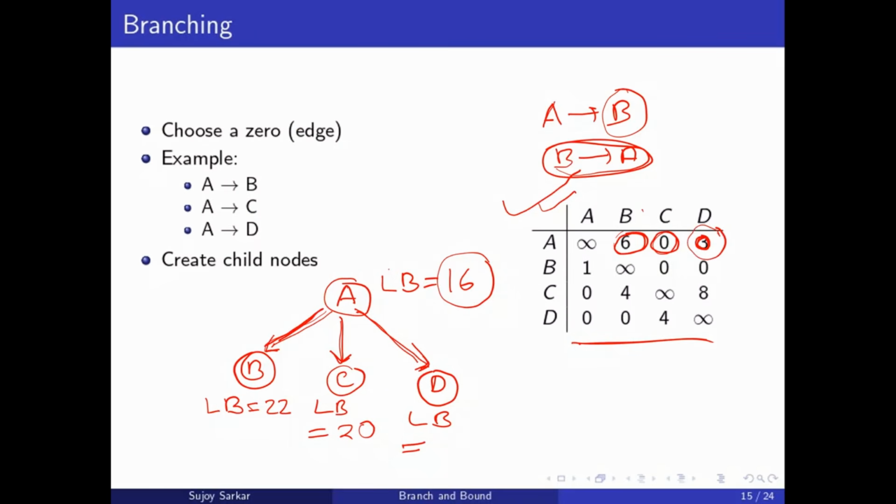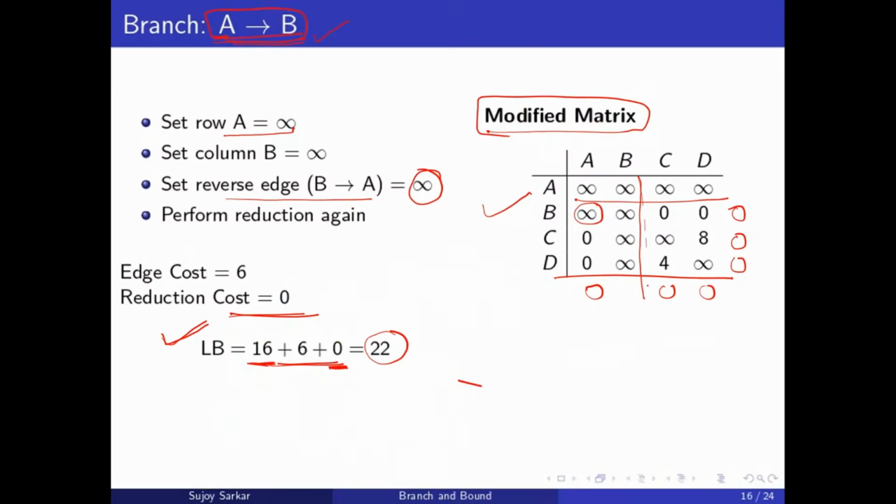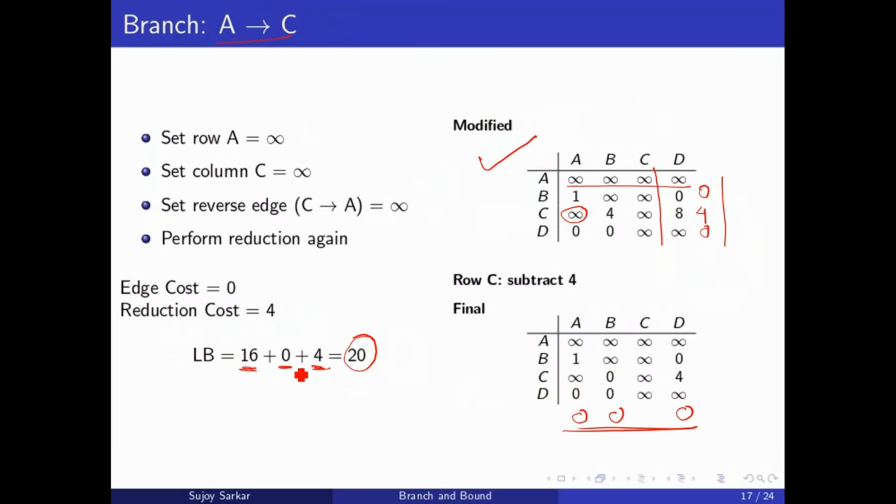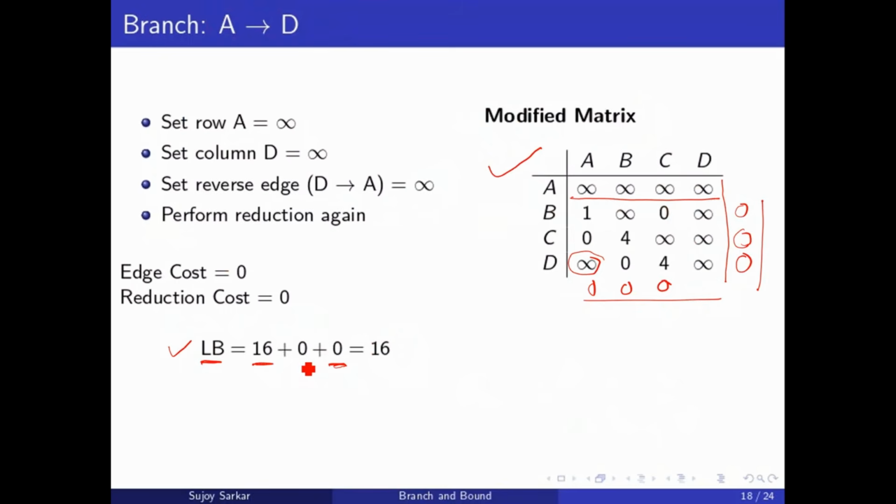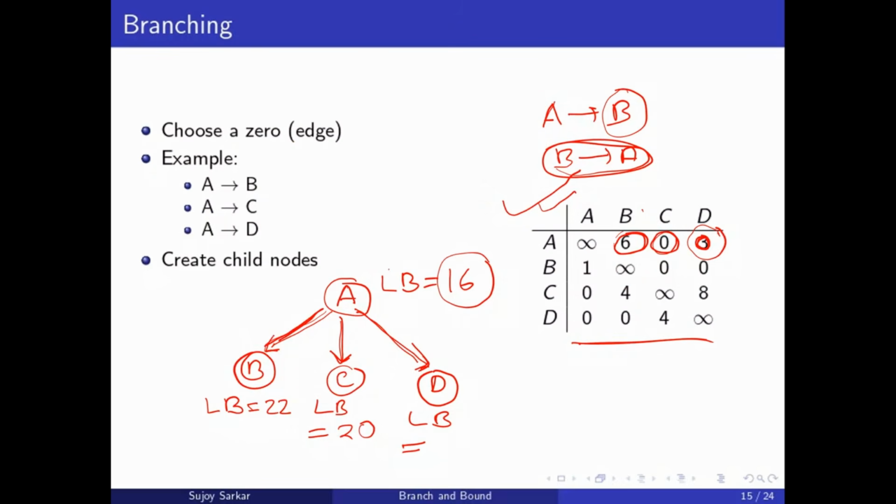Right. So A to D will cost 0 in the parent matrix. So we'll put that here, A to D. So total cost is 16. Right. So we got here lower bound 16. Upper bound we set to infinite. Still we have not reached the leaf node, so upper bound will remain infinite.